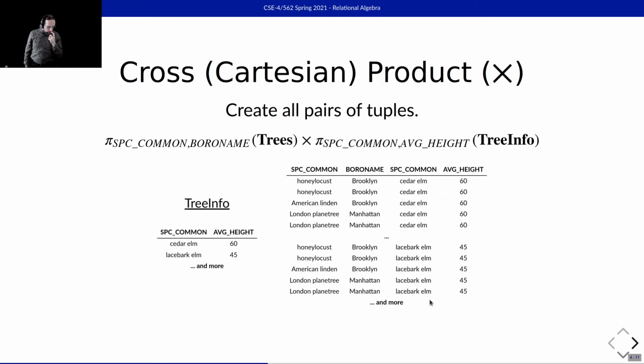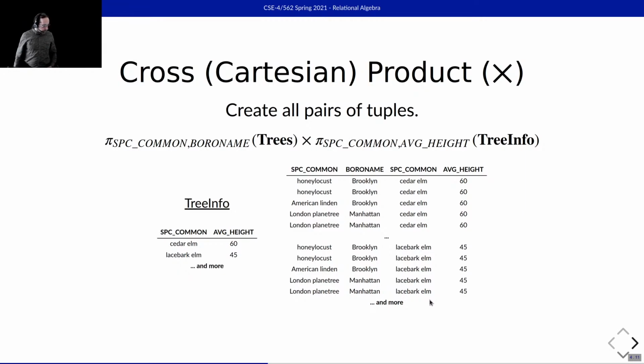Specifically, we're going to take every tuple in one of the two tables and pair it up with all of the tuples in the other table. So, not surprisingly, if we have n rows on the left-hand side, then for every row on the right-hand side, we're going to produce n rows of output.